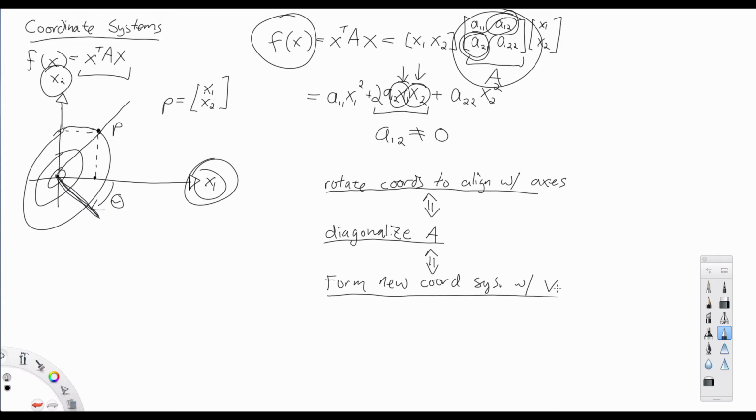The variables are not going to interact, and then that means we're not going to have any of these off-diagonal or cross terms. And if we have zero off-diagonal terms, then that's going to produce a diagonal matrix.